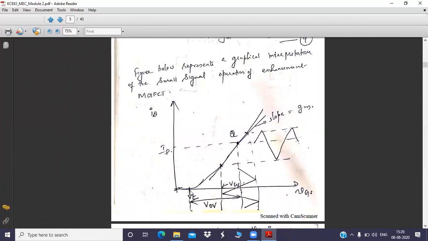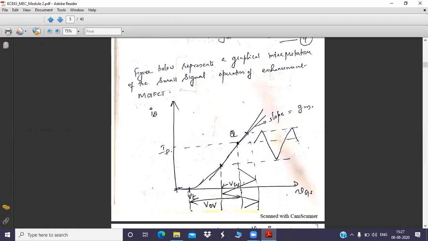What is the significance of drawing this graph? You know that until VT, there is no drain current, because your voltage is less than the threshold voltage. So until the threshold voltage, you are not getting any sort of current. The device is off. There is no channel.